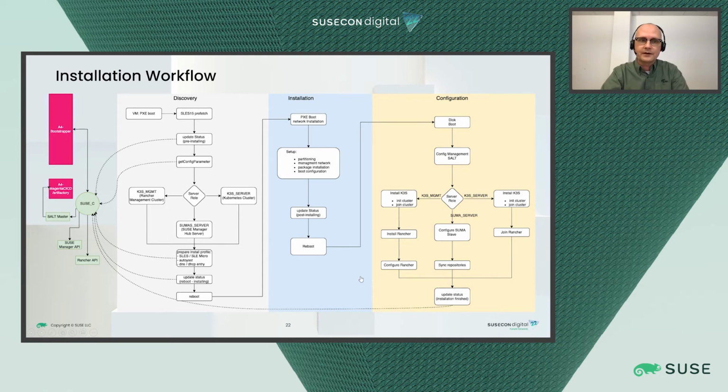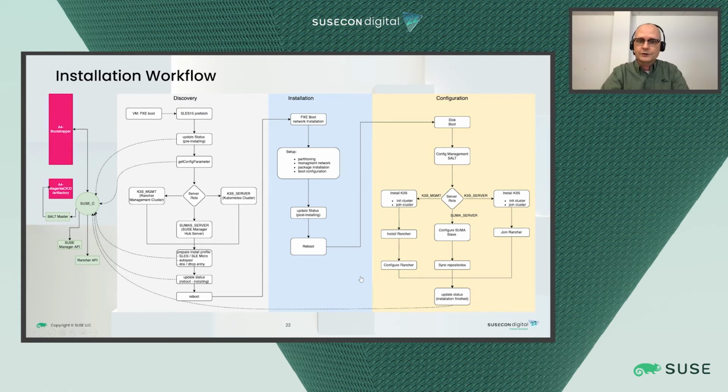You see on the left side the central services. These are the A4 services like the bootstrapper, the inventory, the Artifactory, and our central services, so Rancher and SUSE Manager. And we have 3 phases called discovery, installation, and configuration.